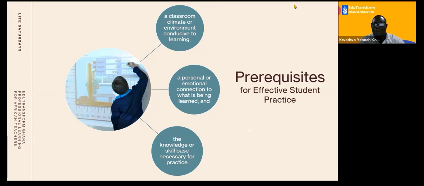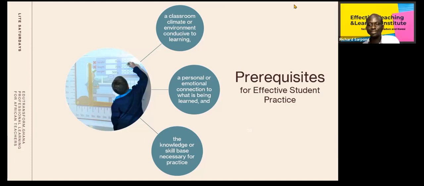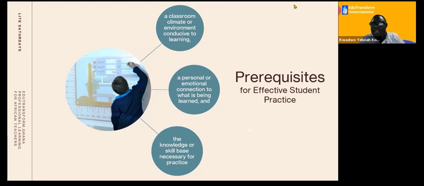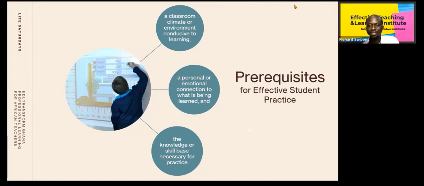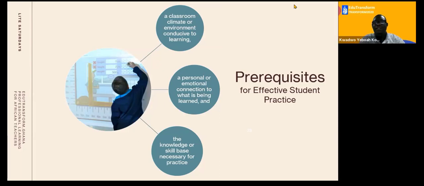You can see from the way I'm nodding and smiling that there's a lot within these prerequisites that we cannot digest here. Because I remember my own experiences of teachers whose sheer comments would make you quail and not be willing to try. And the ridicule you get in class for making a mistake, fueled by the teacher's comments, sets that toxic environment where you are not willing to make a mistake.